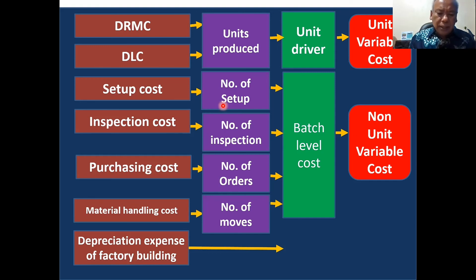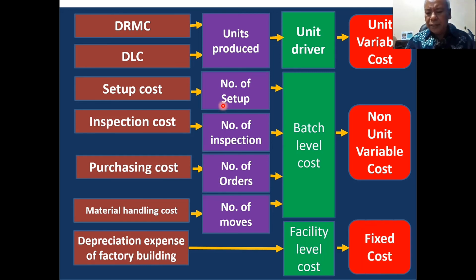The depreciation expense of factory building is not related to the products, so we classify it as a facility level cost, and we also classify it as a fixed cost. So the fixed cost is only for facility level costs. The unit level costs and batch level costs are variable costs. But in this case, we have two kinds of variable costs: the first is unit variable cost, and the second is non-unit variable costs.